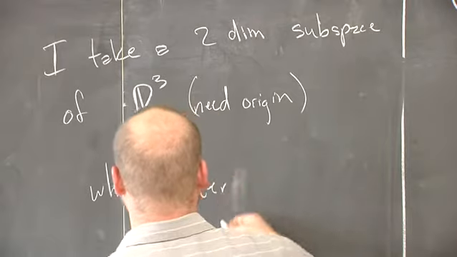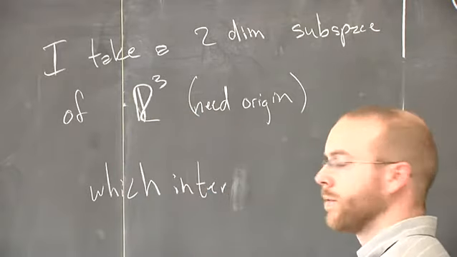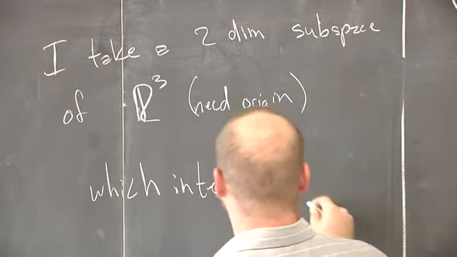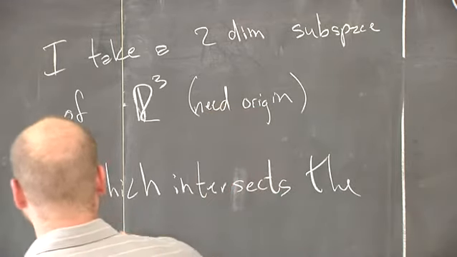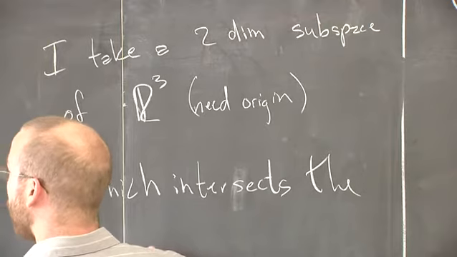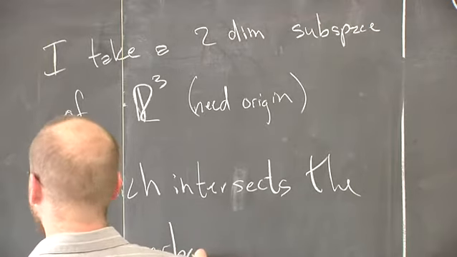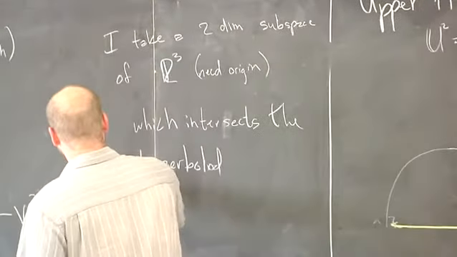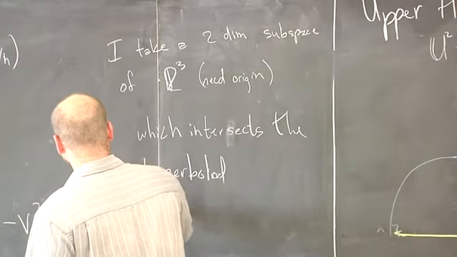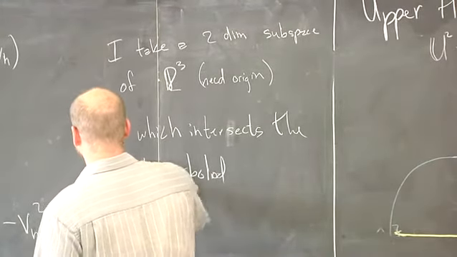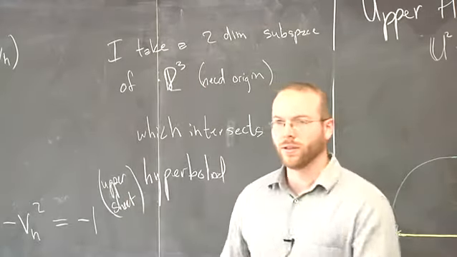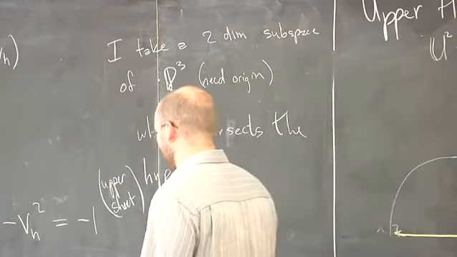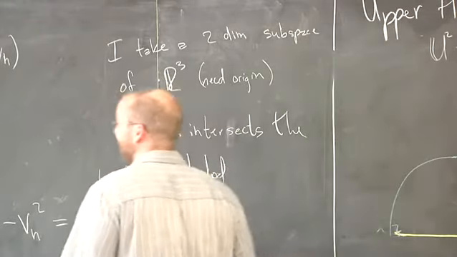How do you spell intersects? S-E-C-T. The hyperboloid. The upper sheet. We usually stop just saying upper sheet because we're always talking about the upper sheet. Okay? So note, that's how I produced those blue lines.